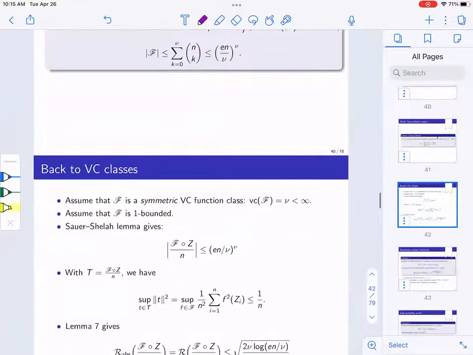So now suppose F is, I'm going to assume that F is symmetric for simplicity. A VC class, so VC dimension is nu, and F is one-bounded, it can be p-bounded without any issues.